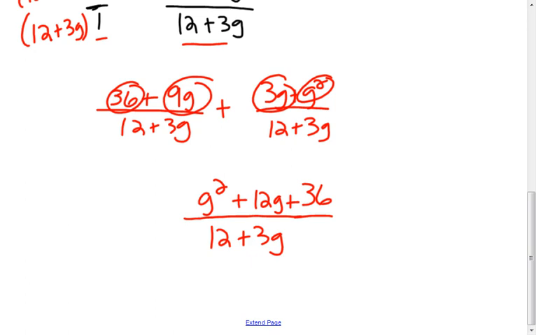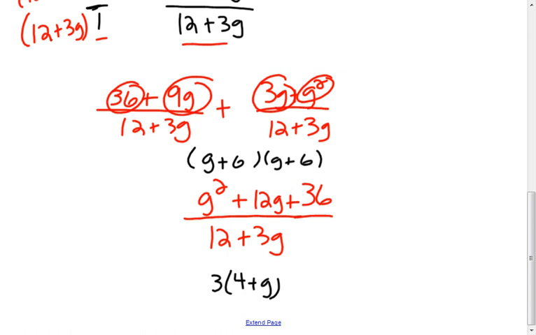Okay? And then, if you want to check that these can factor, you should always check that they can factor, because sometimes some things will cancel out. And so this may be the answer. I'm going to just check if it factors. For instance, on the bottom, I can factor a 3 out of there, and this would become 4 plus g. On the top, this can factor as g plus 6 and g plus 6.